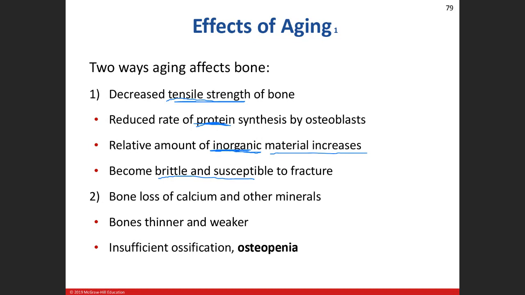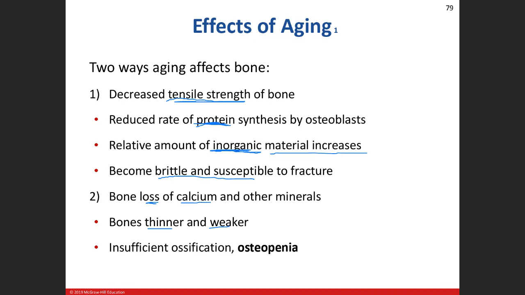We also will see a decrease of calcium, magnesium, phosphate, all the other minerals there. And because we have a decrease in calcium and other minerals, our bones become thinner and weaker. Osteopenia, not osteoporosis now. Some people have nicknamed it pre-osteoporosis, but not really.